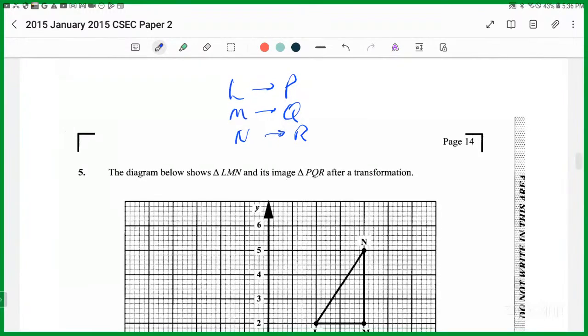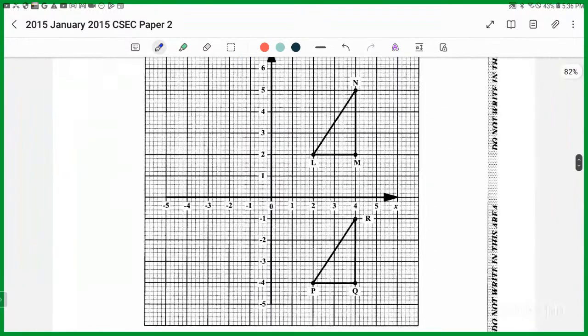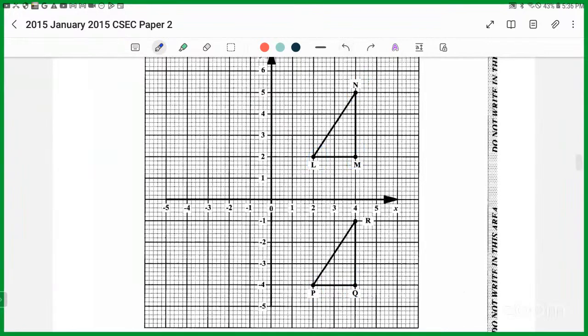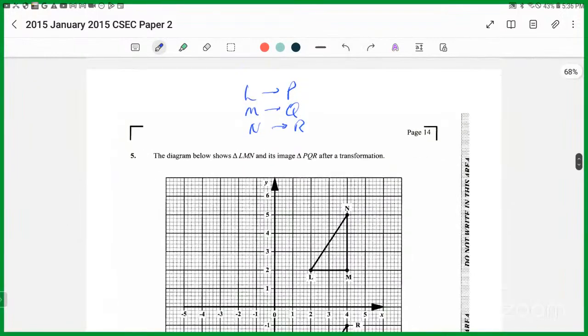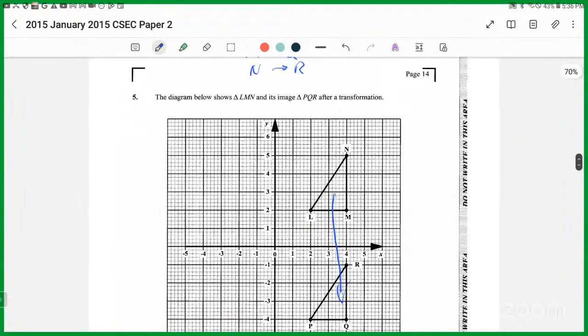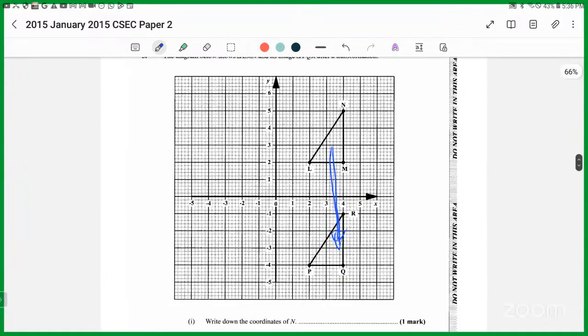All right. So we're down here. So it's P, Q, R, and L, M, N. Which one is the image? So it's this one, down to this one. Everything is the same, so that's clearly a translation.